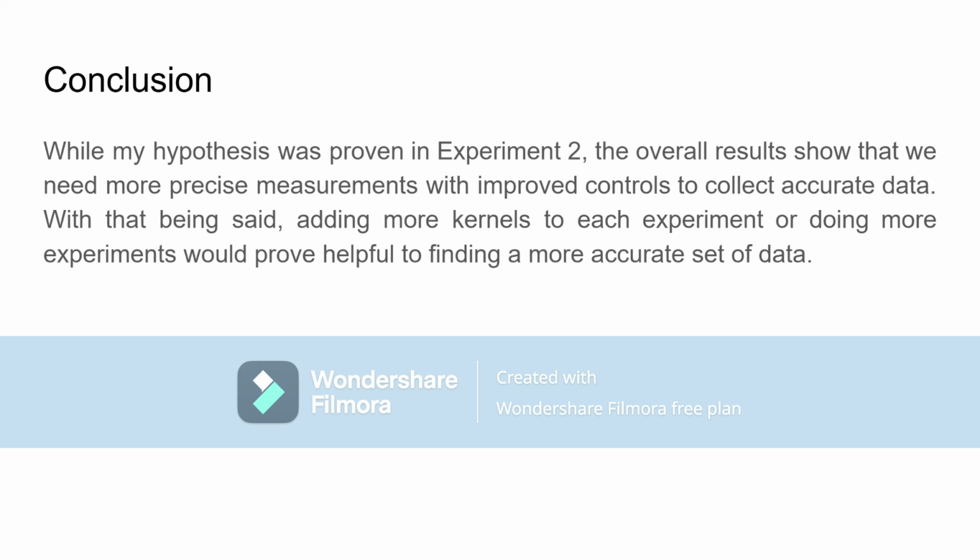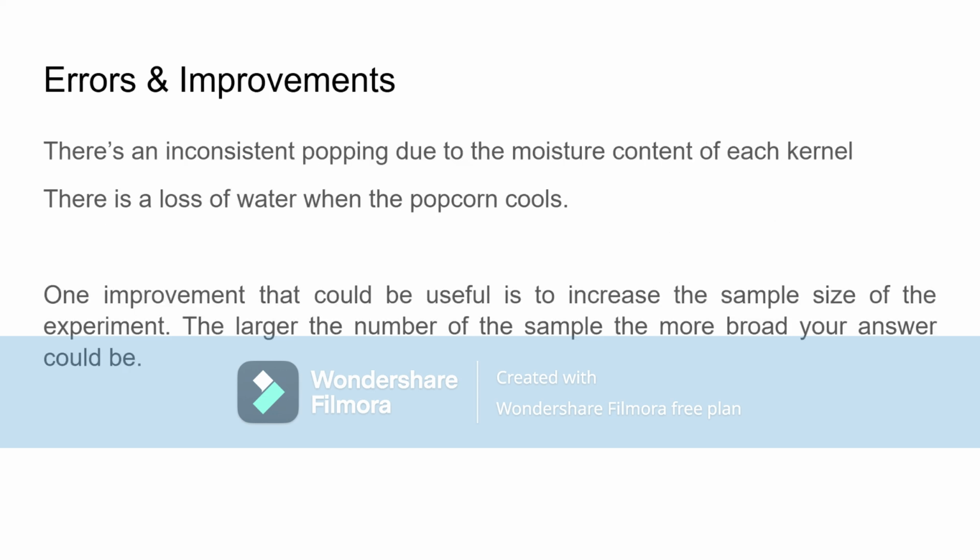So my conclusion is, while my hypothesis was proven in experiment 2, the overall results need more precise measurements with improved controls to collect more accurate data. With this being said, adding more kernels to each experiment or even doing more experiments would prove to be helpful in finding a more accurate set of data.